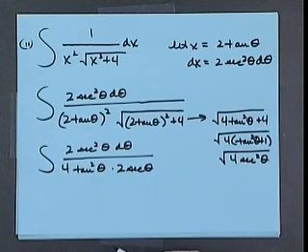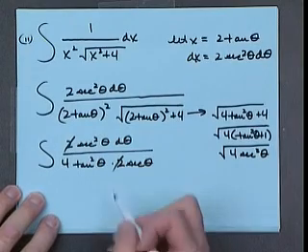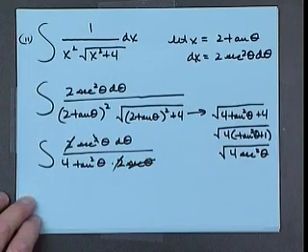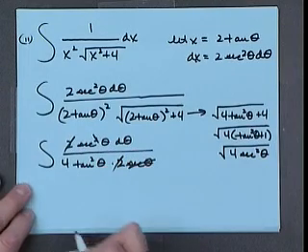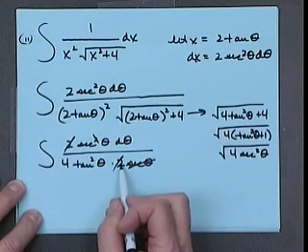Okay, what next? Factor out the 2. The 2's are gone. And one of the secants in the numerator knocks out with this secant in the denominator. Didn't you factor out the 2 and get rid of some of the 4? Yeah, take the 2 out.